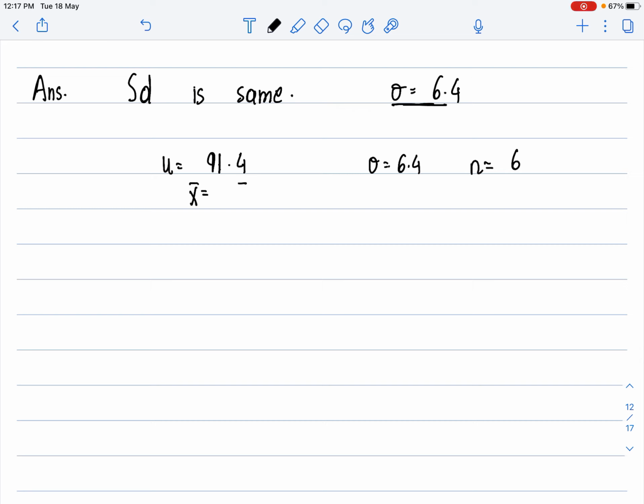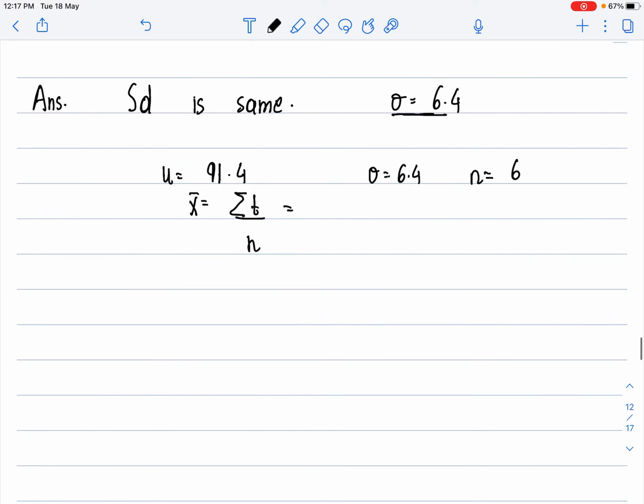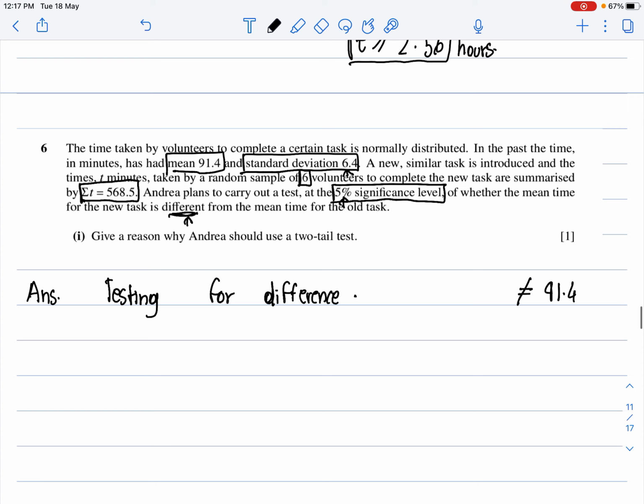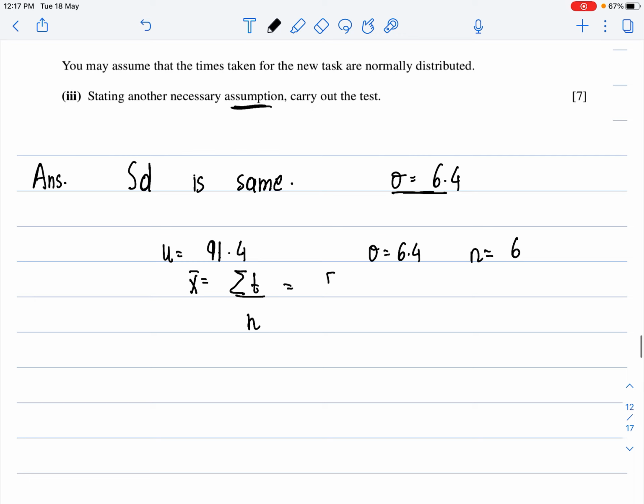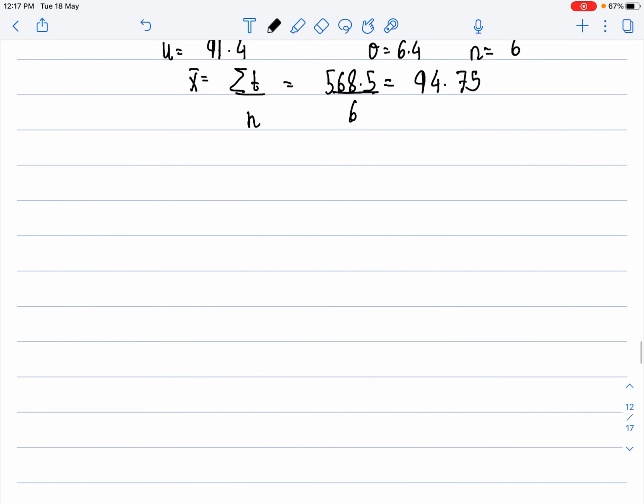Your test value is the summation of t over n. The summation of t is 568.5, so I write 568.5 over 6. On the calculator, I get my answer as 94.75.